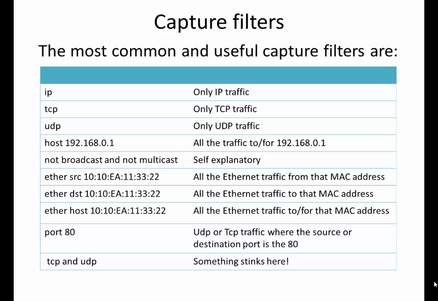A packet cannot be TCP and UDP at the same time. So if you want to record TCP and UDP, instead of AND you need to use OR. So either the packet is TCP, or it is UDP. If you use AND, it is a logical catch. You will not capture any kind of traffic.